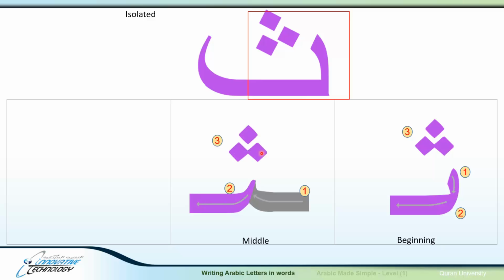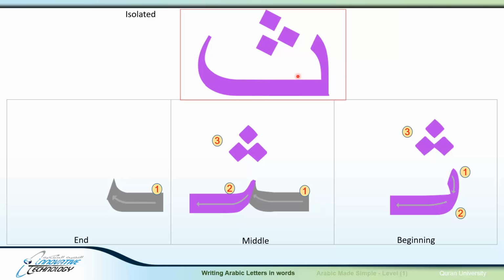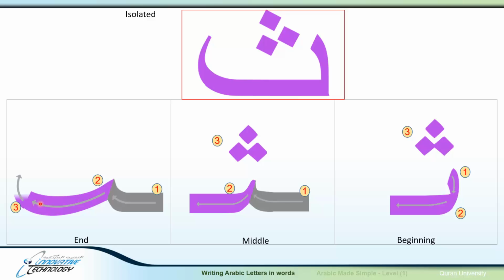So the beginning and the middle are similar, but at the end we take the whole tha following the dash. So the whole tha will follow the dash, and it will look like this, a complete tha with three dots on top of it. So the beginning and middle are similar, and the end is similar to the isolated.